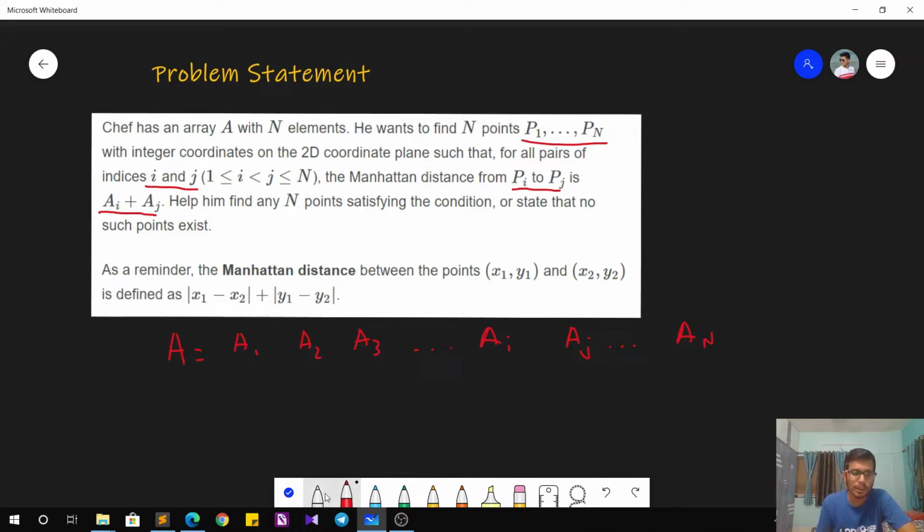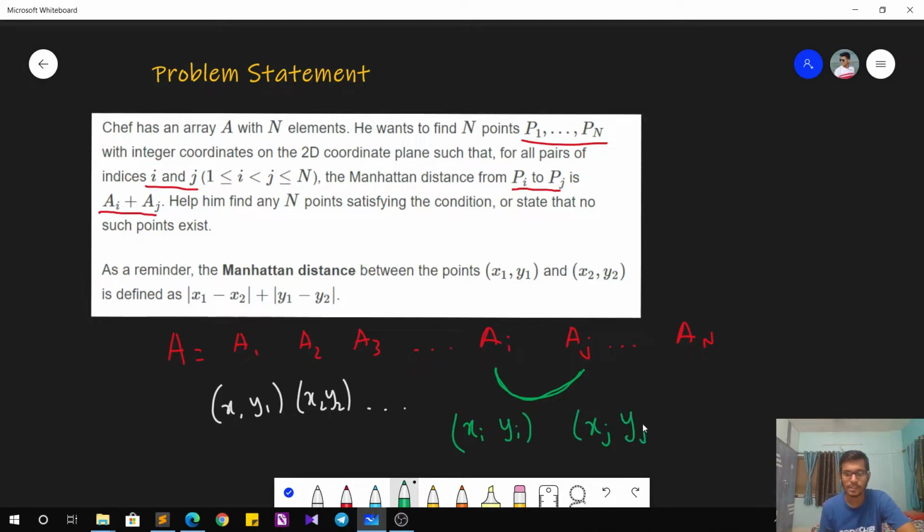So we have to plot n points on a 2D coordinate plane. Each point will definitely have an x coordinate and a y coordinate: x1, y1, x2, y2, and so on. For each pair i, j, the pair can be very random, let's say some ith point and some jth point, with coordinates xi, yi and xj, yj. The Manhattan distance between these 2 points is given by the absolute difference between their x coordinates plus the absolute difference between their y coordinates.